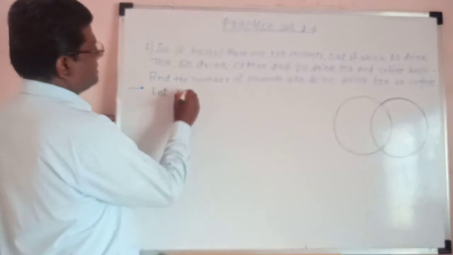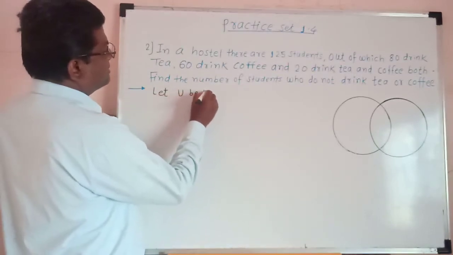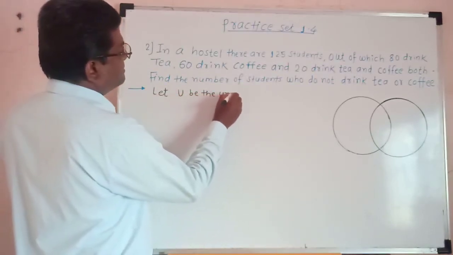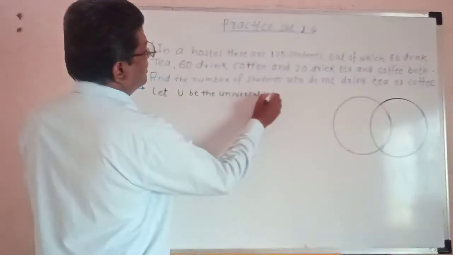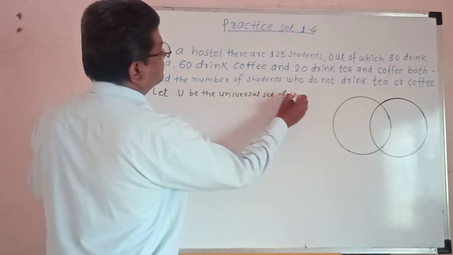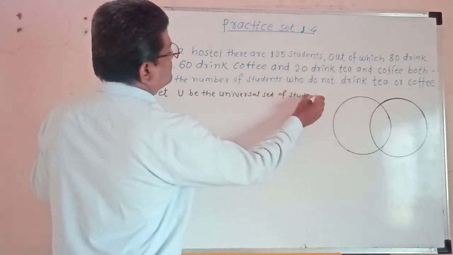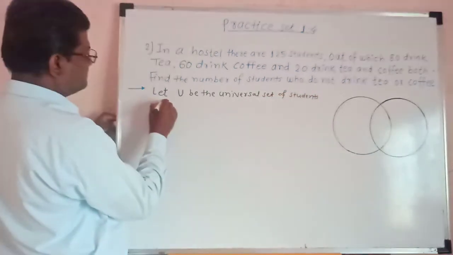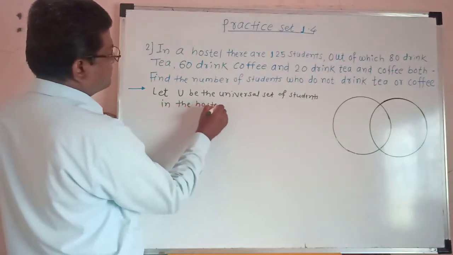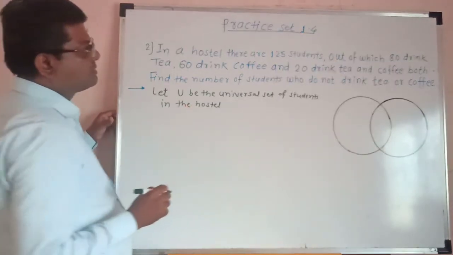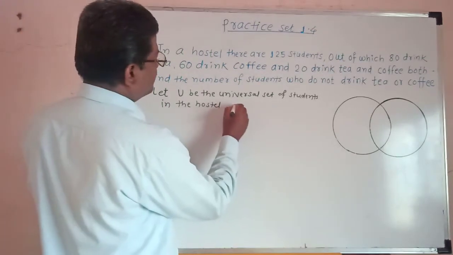Let U be the universal set of students in the hostel and their numbers are 125.